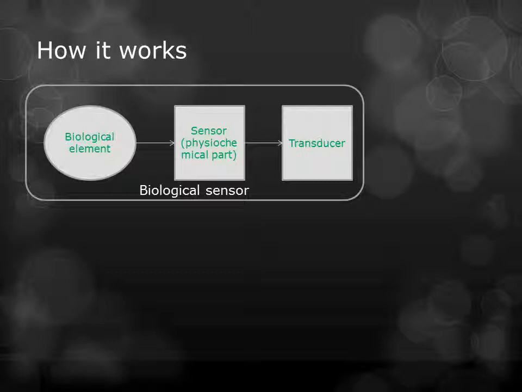Then you have your sensor part, which contains your enzymes which are reacting. Based on these enzymes and how they react, you have certain signals produced, and these signals are sent to a transducer of sorts.